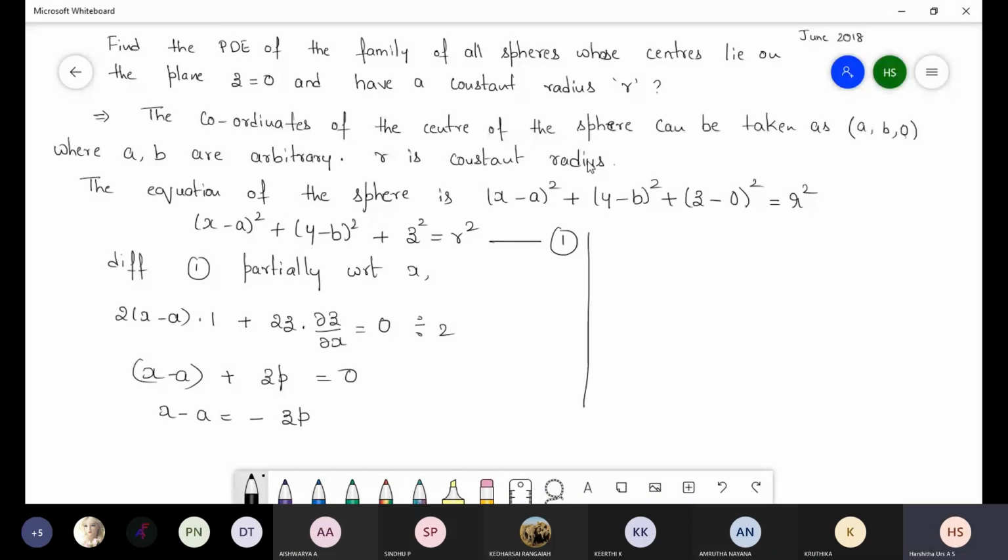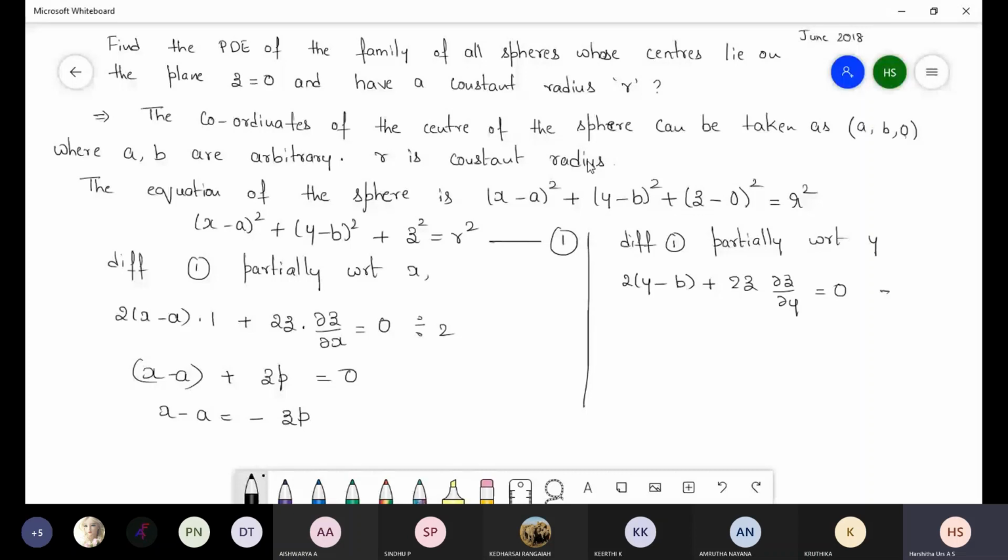So again, differentiate equation 1 partially with respect to y. So here 2 into (y minus b) plus 2z into dou z by dou y is equal to 0.